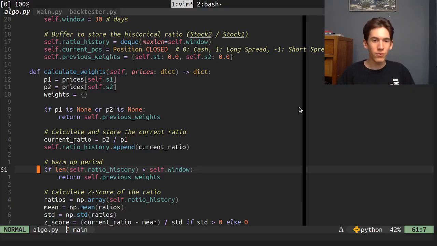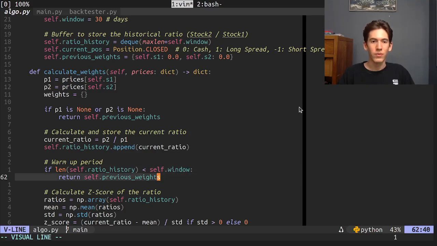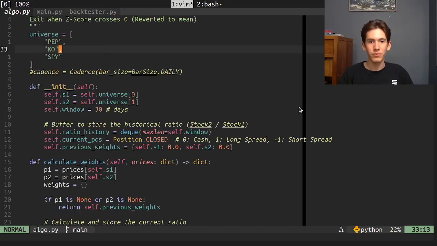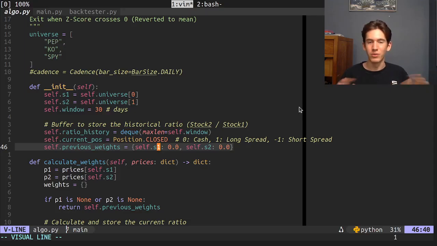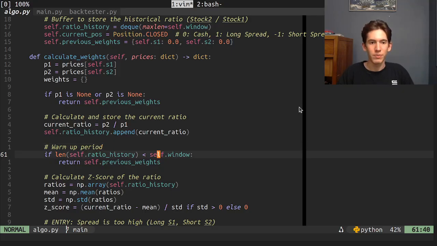So if the length of our ratio history, so if the number of prices we've seen, is less than our sliding window, return the previous weights, which if you remember from the constructor up here, right, it's just 0, 0. So we just want to stay out of the market. Like, don't do anything until we've built up our entire sliding window of ratio histories.